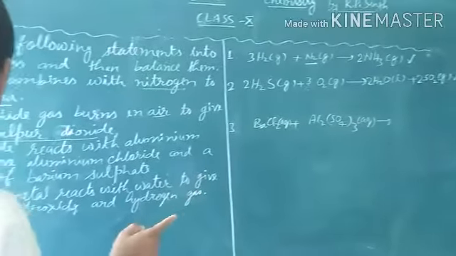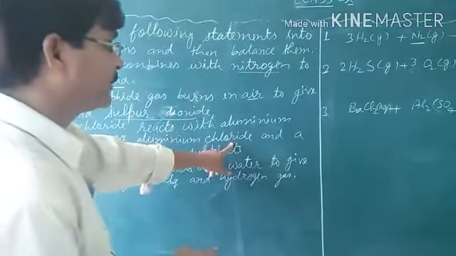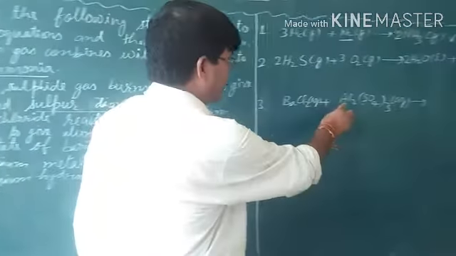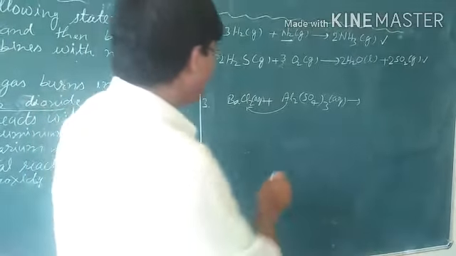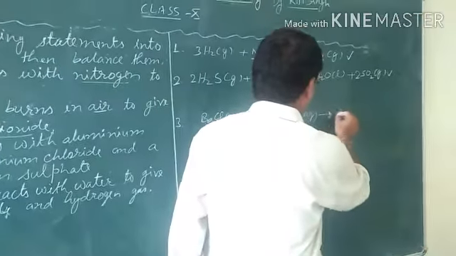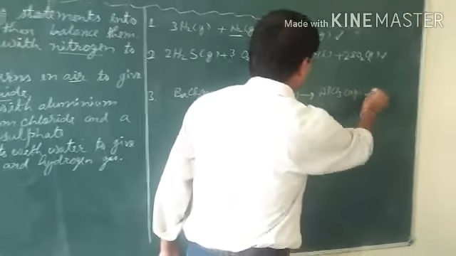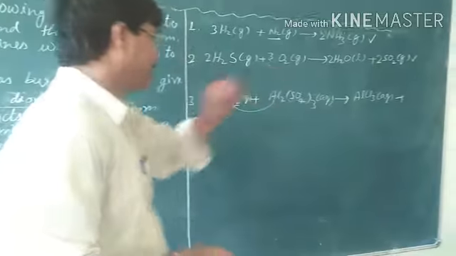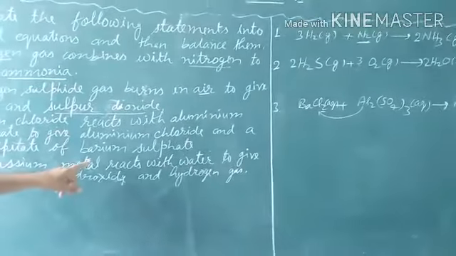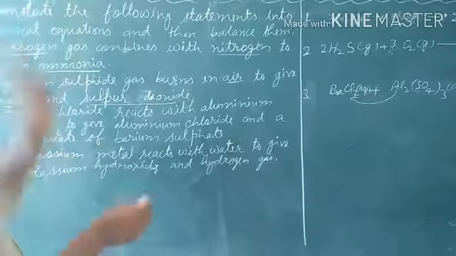After that, on the product side we have aluminum chloride. The formula of aluminum chloride is AlCl3, aqueous, plus barium sulfate. You can see in the question, a precipitate of barium sulfate.